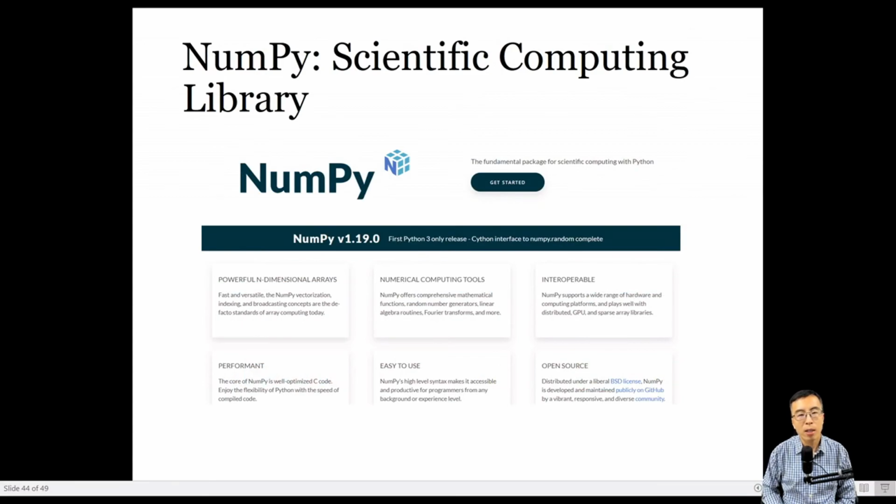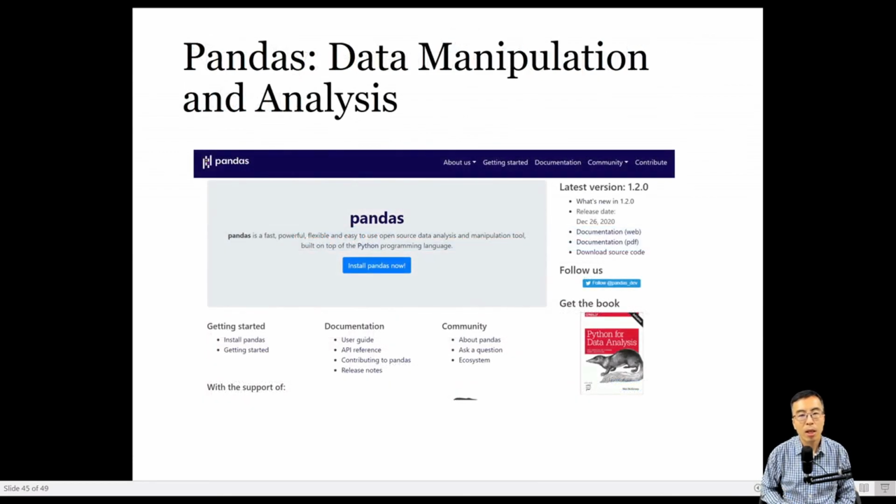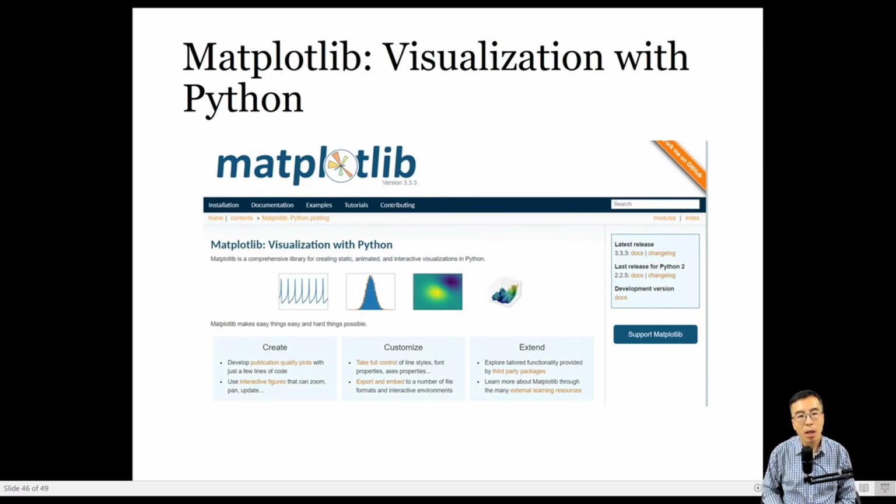NumPy is a fundamental package for scientific computing, especially array manipulation and operations in Python. Pandas is a very popular data manipulation and analysis tool in Python. And Matplotlib is the most widely used visualization tool in Python.